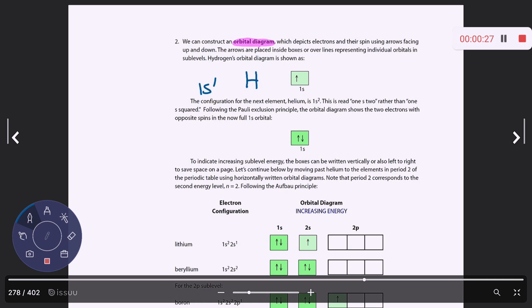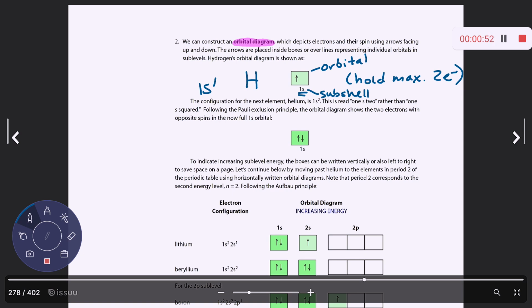So we have this box, which is an orbital, and it can hold a maximum of 2 electrons. We draw the electrons as either arrows or half arrows, and underneath it we label it with the subshell that it represents. Okay, so the 1 electron in 1s is simply drawn with that 1 arrow.